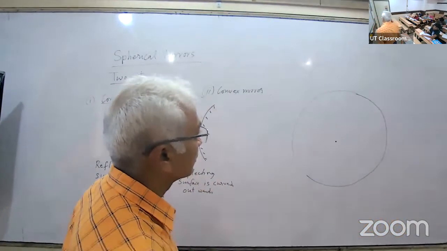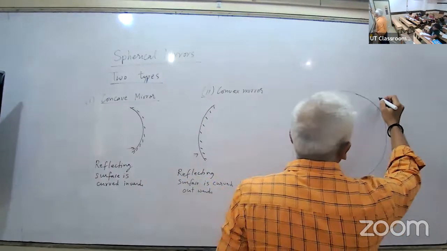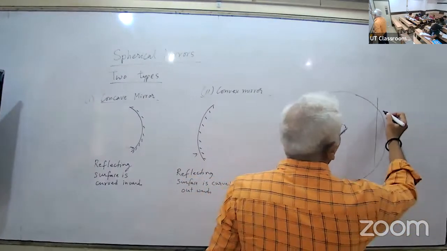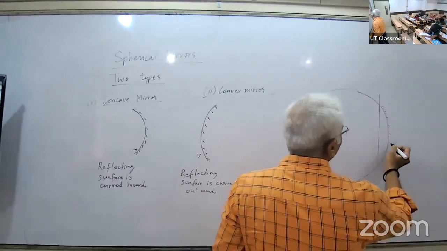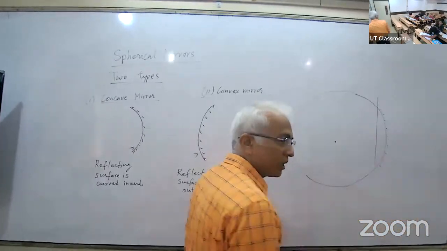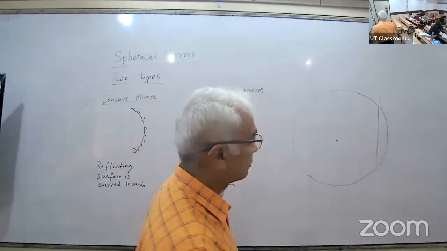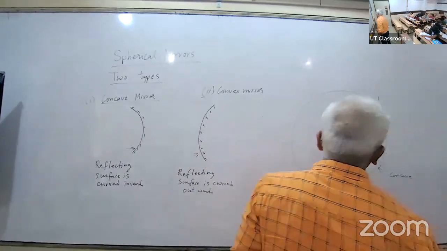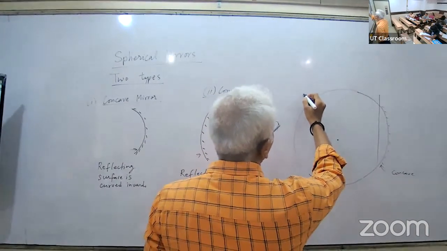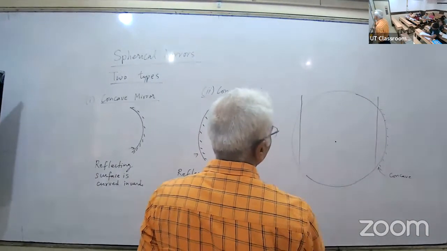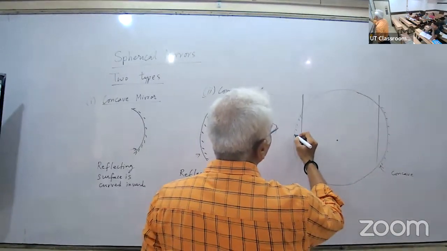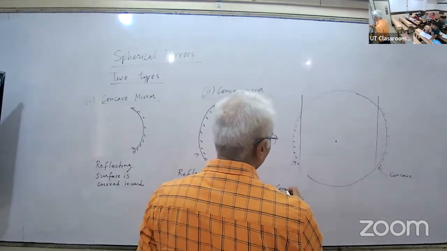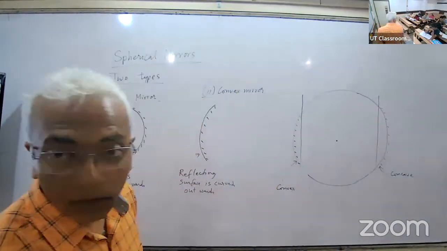If you've got a mirror on this side, like this, and do a silver coating on this side, then what are you making? Concave. And if you make a cutting on this side and do the silver coating on this side, what will be obtained is convex. Understood?